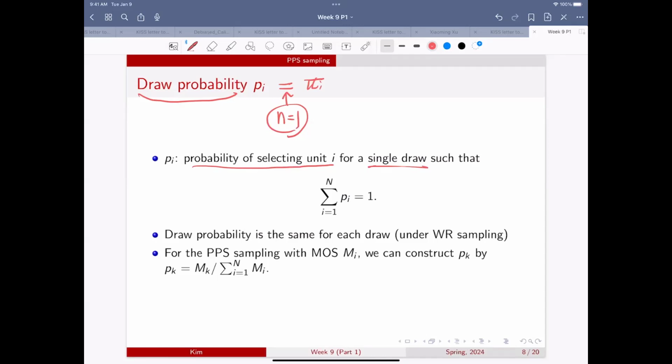Because of with-replacement sampling, the draw probability remains the same.